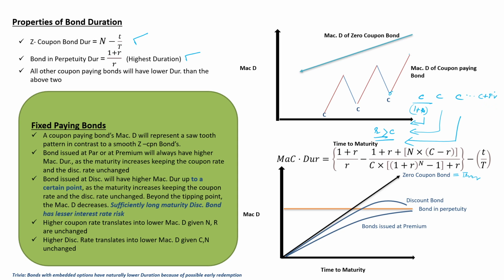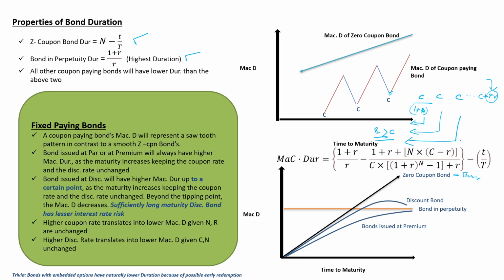Now, if you hold the bond till maturity, you are definite to receive the face value. The face value remains the same whether the bond is issued at discount or at premium. However, the majority part of the cash flows are now concentrated at the face value itself, because in present value terms, the worth of these coupons is significantly less than what it would have been if the bond were issued at premium.